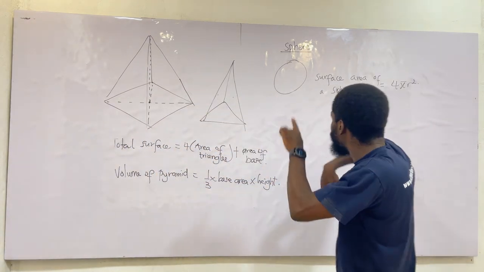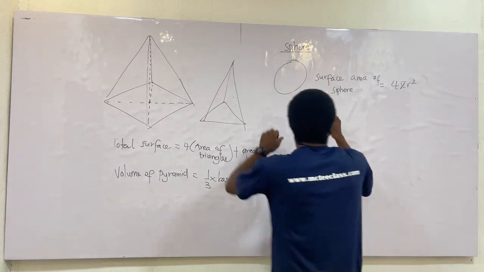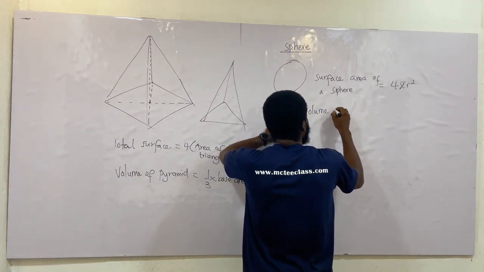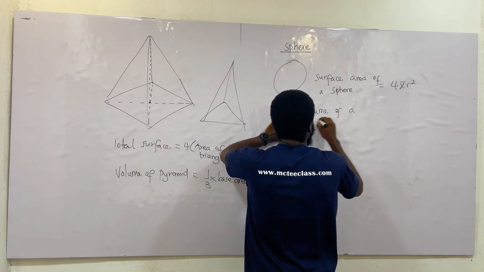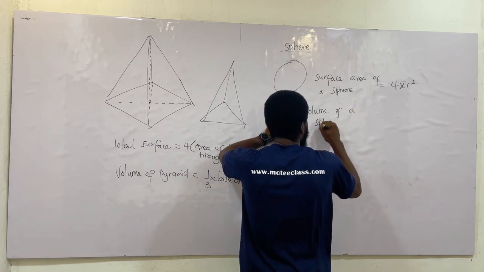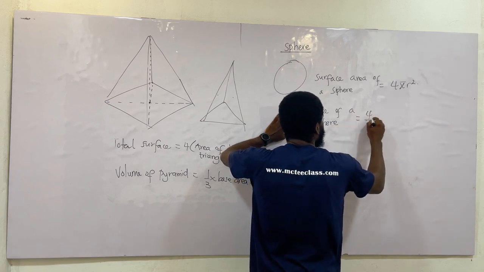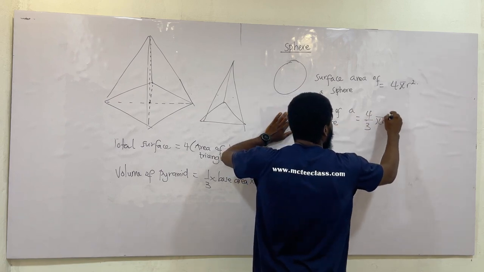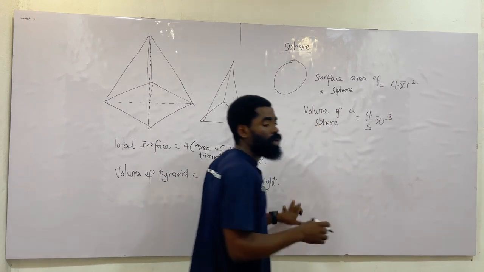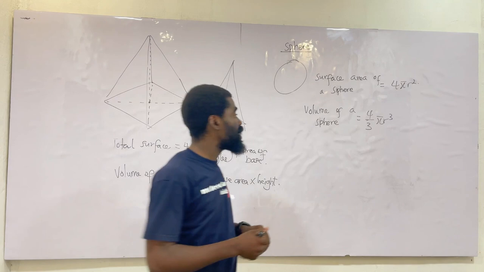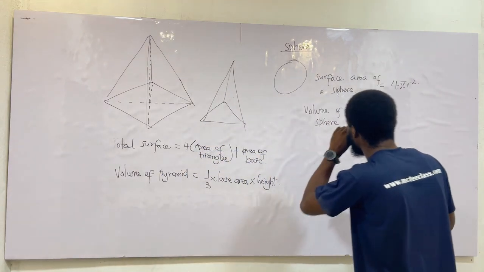No, 4/3 pi r squared. Volume of a sphere equals what? 4/3 pi r cubed. Very important to know. 4/3 pi r cubed, where r is the radius of the sphere. Good. Very important. So you need to know this of the sphere.